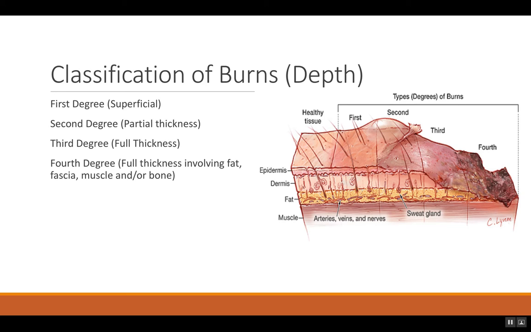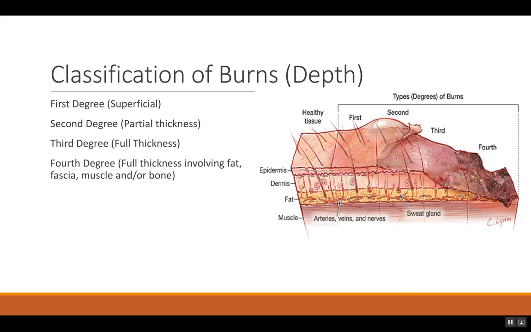Your second degree partial thickness is the person who has like a scald, a flash flame, or some kind of contact burn. This is the epidermis and a portion of the dermis that is involved. The key with this one that's different is that it's blistered and it has a mottled red base. It does not blanch with pressure. A lot of times they'll be weeping at the surface with this too, and they will have edema.